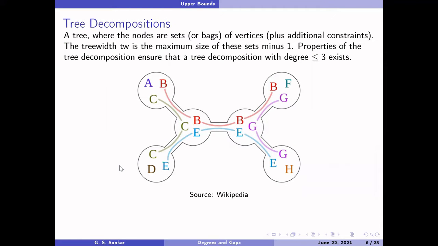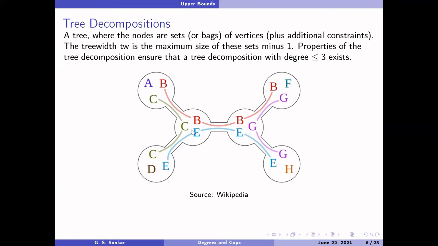I mentioned tree decompositions before, and a tree decomposition is basically a tree where every node has a bag, or a set of vertices, associated with it. You have some additional constraints on how you can have these bags. The treewidth of a tree decomposition is the maximum size of these sets minus 1.